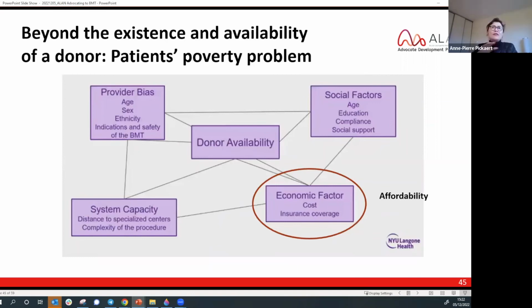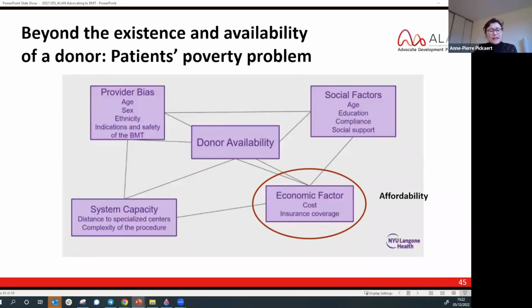So that's about the donor side, but think also of the patient. Obviously, a major barrier to access to bone marrow transplant is the money. In a lot of European countries, bone marrow transplant is covered by the social security system or the National Health Service, and that's great, but in a lot of countries it's just not the case, and it's highly inequitable that way.